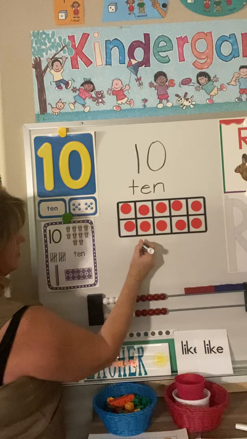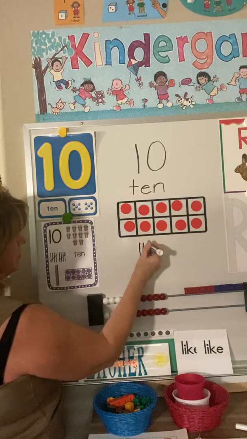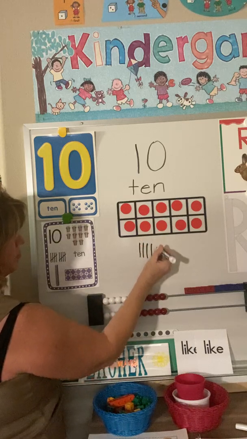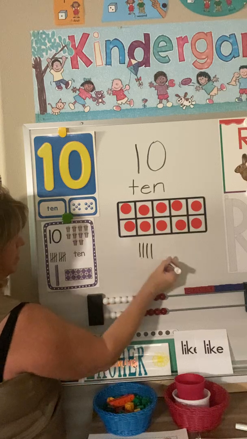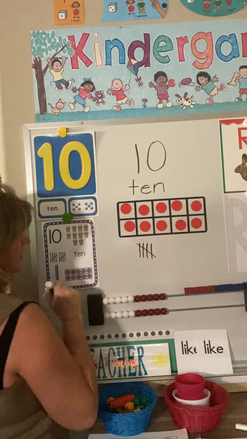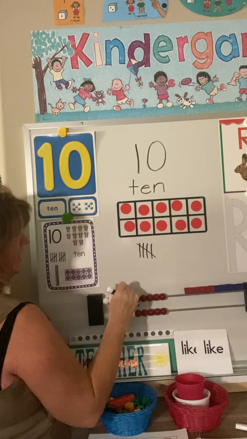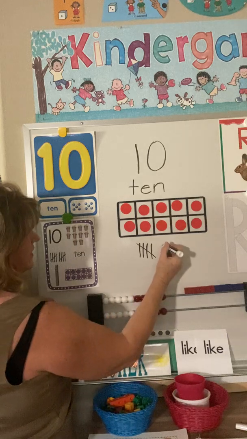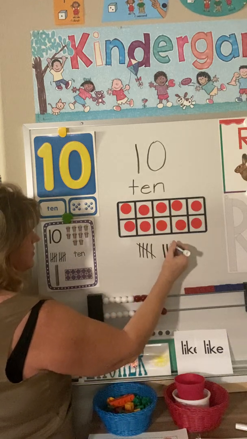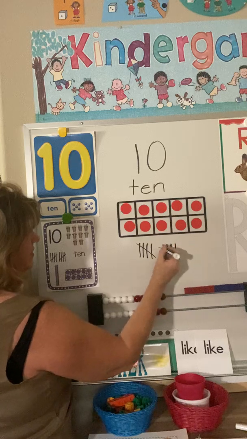10 tally marks. We're going to go 1, 2, 3, 4. Now remember, I'm not going to put 5 here. I'm going to connect them all with a slanted line, and we know that's 5. Okay, and then we're going to do 5 more. 1, 2, 3, 4. There.